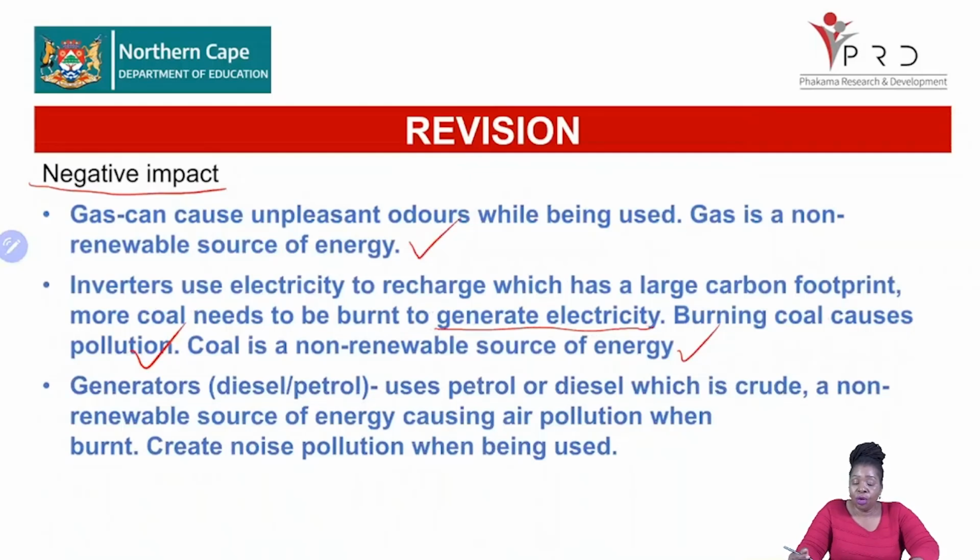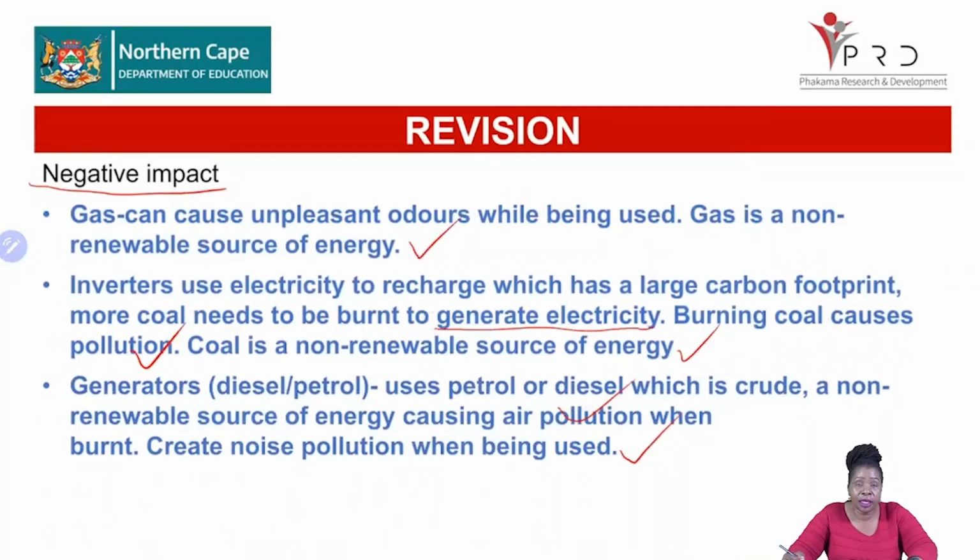So they use petrol or diesel, which is crude oil, a non-renewable source of energy, causing air pollution when it is burnt. They also create noise pollution when they are being used. Right?